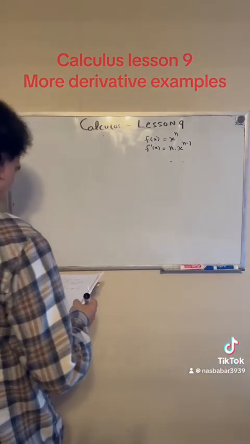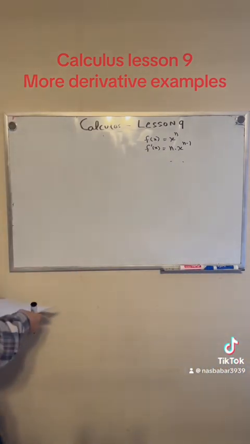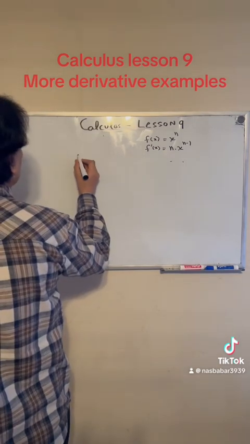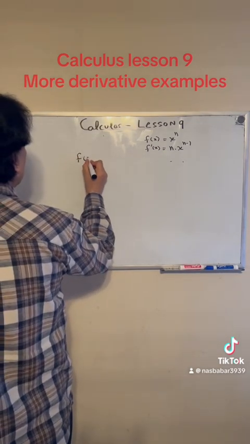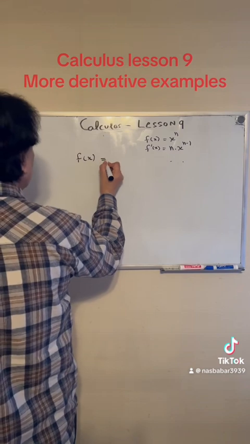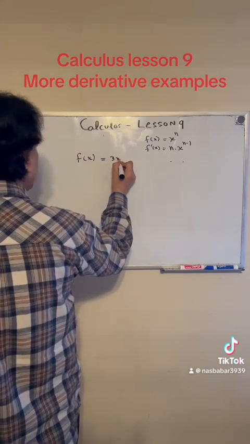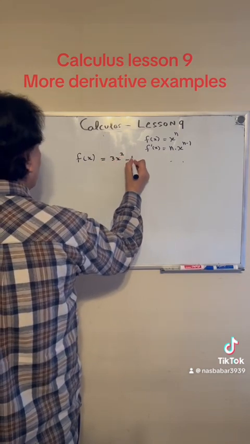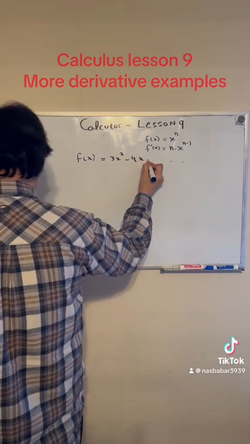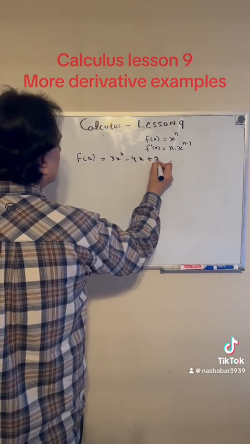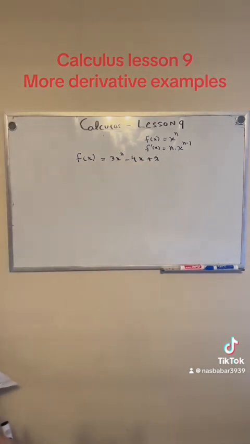What if I have something like this? Function of x is equal to 3x squared minus 4x plus 2. How would you solve that?